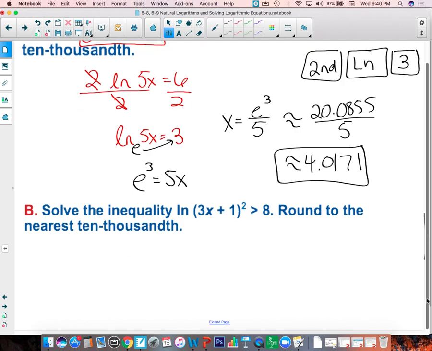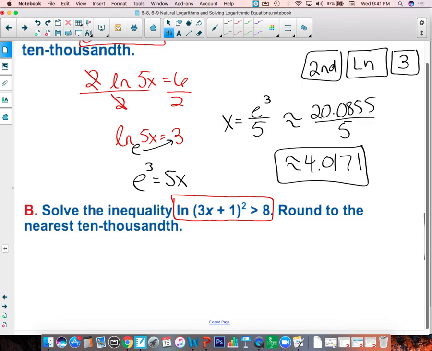Okay? So down here we have an inequality. So looking at this one, go ahead and write it down. Looking at that one, do I need to do anything as far as getting the natural log by itself? No, I don't. Okay? Natural log is already by itself. We can do this a couple different ways.